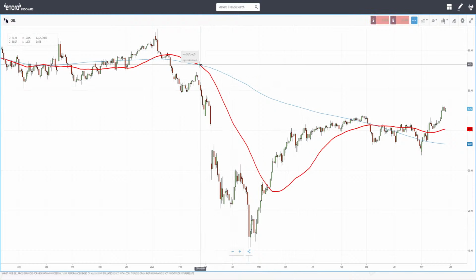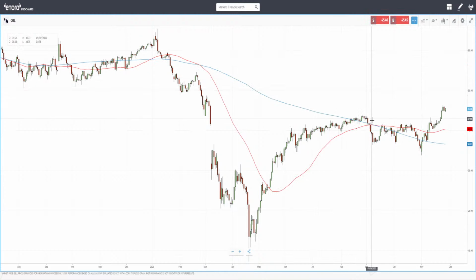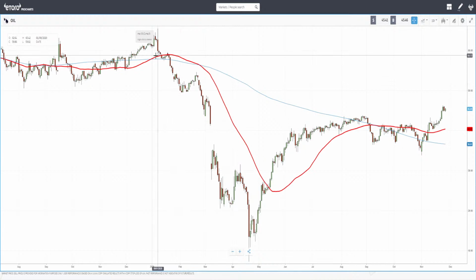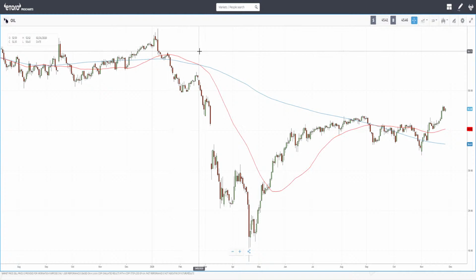For example, here, this was the end of February, and we had another crossing here at the beginning of September. So nearly half a year was in between these two crossings, while here is the beginning of January and the end of February. Depending on how volatile markets are, these indicators will also be crossing at the same rate.